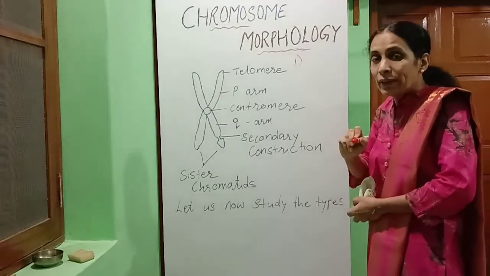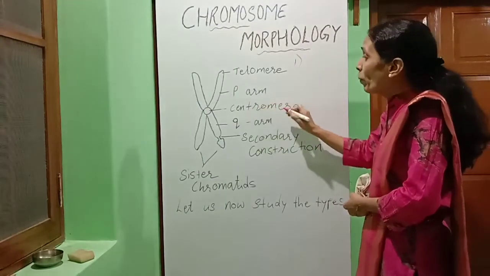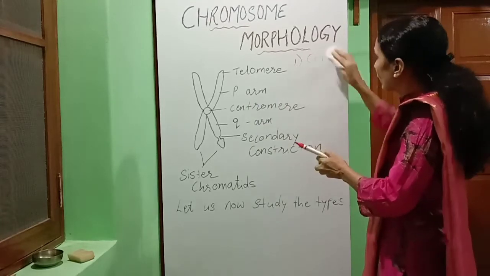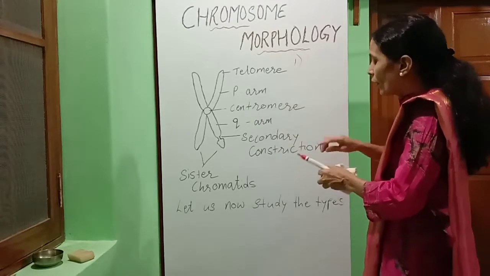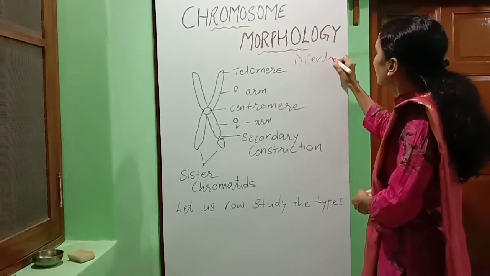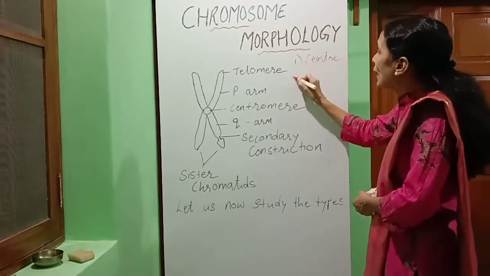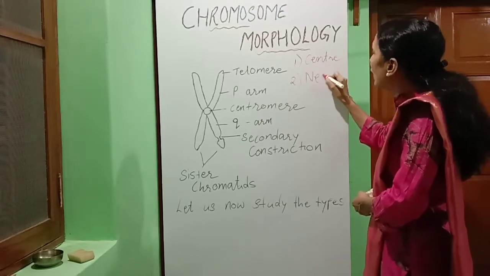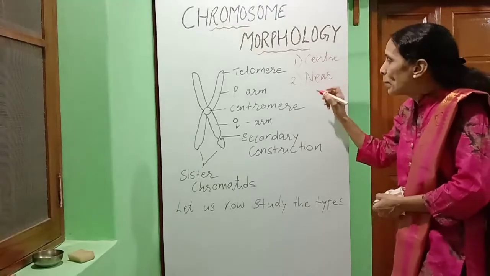The different types which you are going to study are: number 1, when the centromere is in the center. The second, when it is near the center.